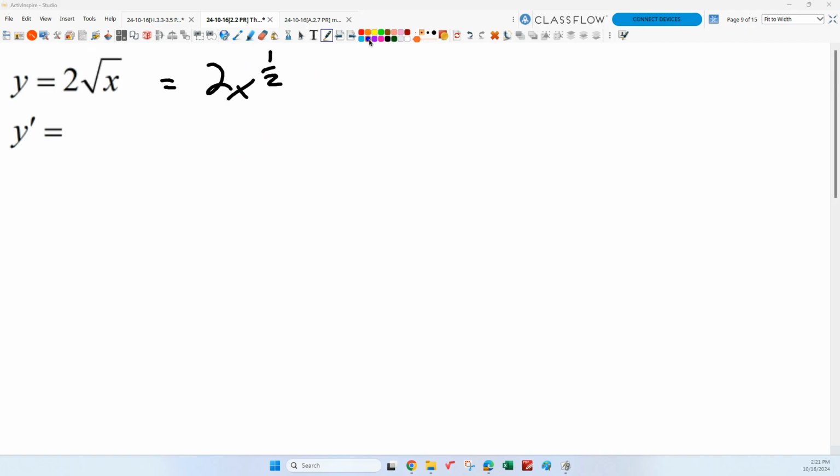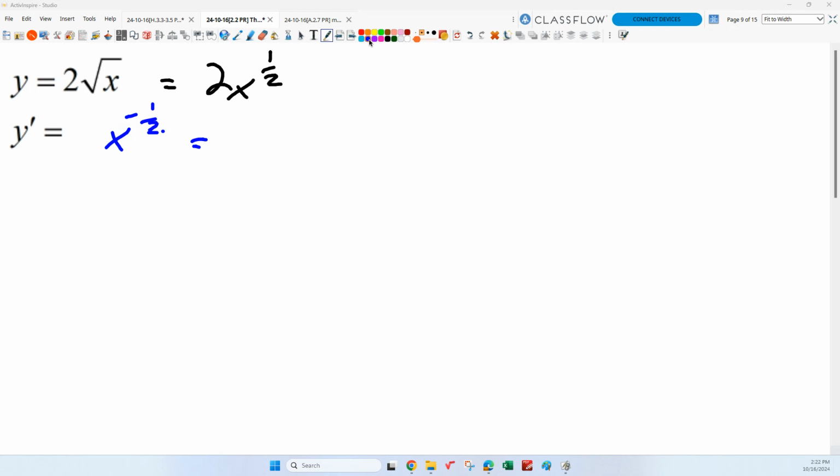So what's y prime going to equal then? Just follow the rule. What do I do to the exponent? Well, I drop it out front. 2 times 1/2 gives me 1. X to the 1/2 minus 1 is negative 1/2, right? So that's my answer. The derivative equals x to the negative 1/2.